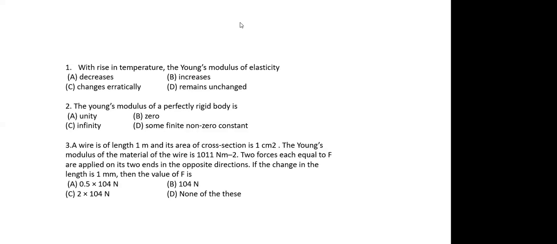Let us see how to calculate that. The length is there, the area of cross section is given, and the Young's modulus of the wire is given. What you need to calculate is the value of the force applied. We need to calculate how much force is applied here, students. Length is given, area of cross section is given, Young's modulus is 10 to the power of 11 Newton per meter square.